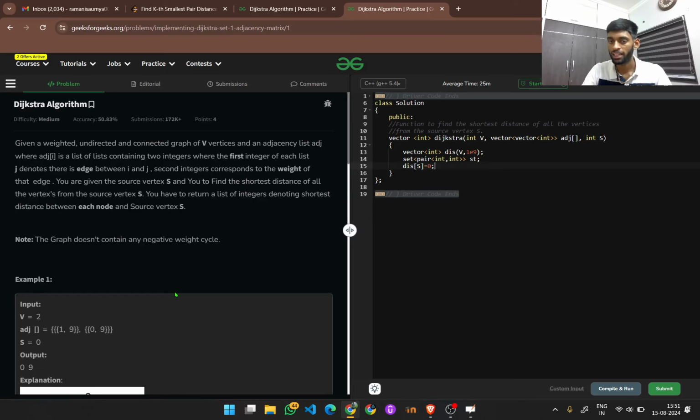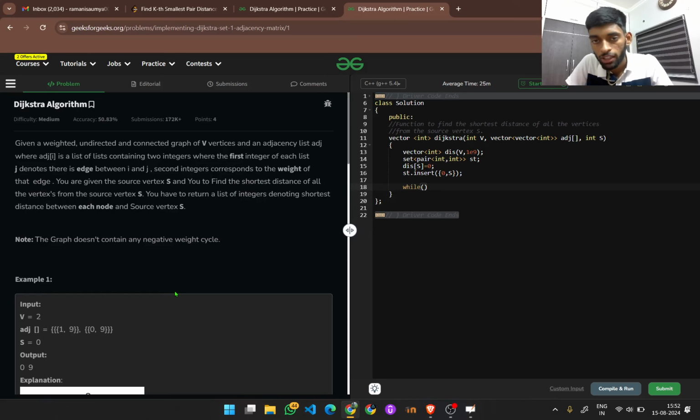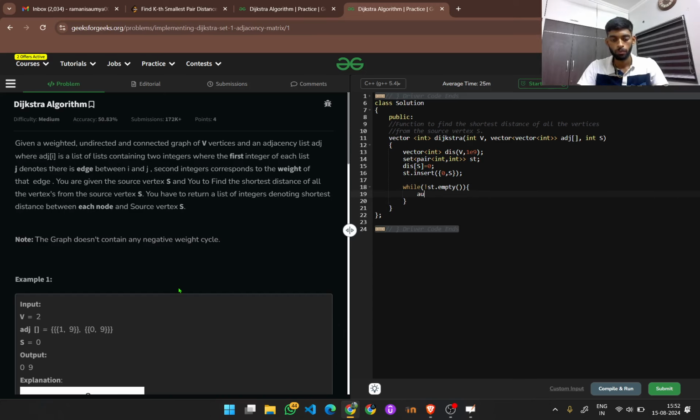So distance of s equal to 0, and we will be pushing st dot insert, what? Distance initial and the node, which is the source node. Okay. Now, for how much time will we be running the loop? While st dot not empty, while the set data structure is not empty.